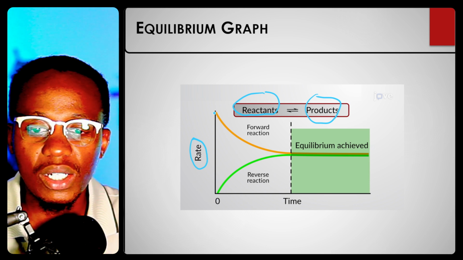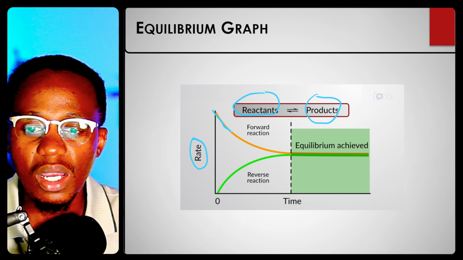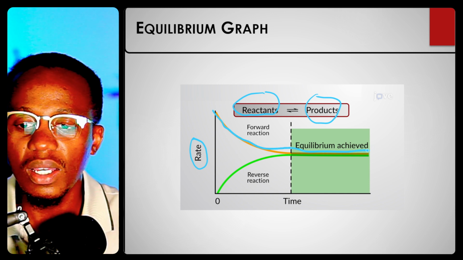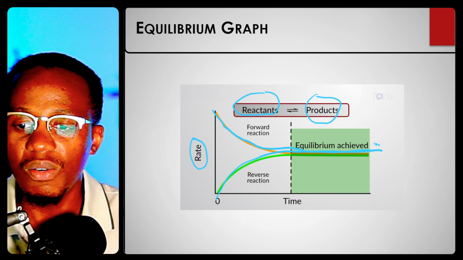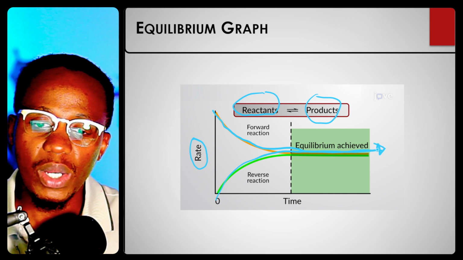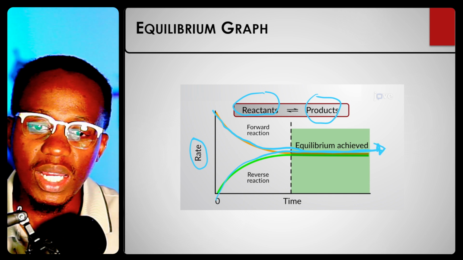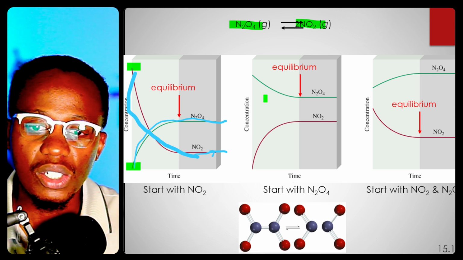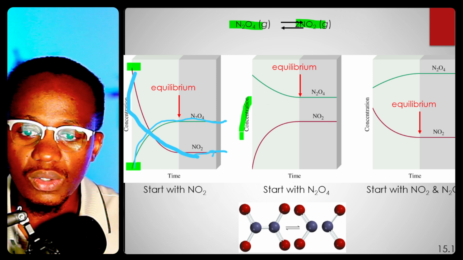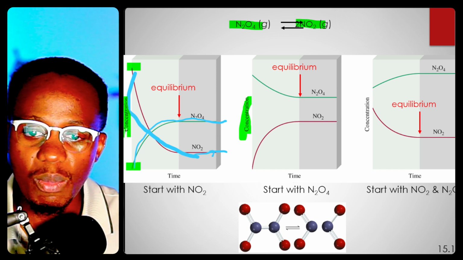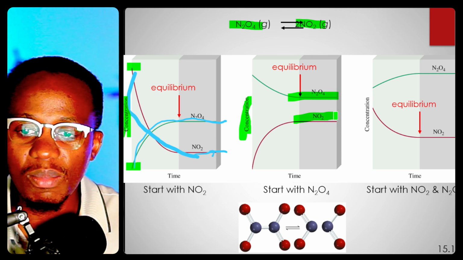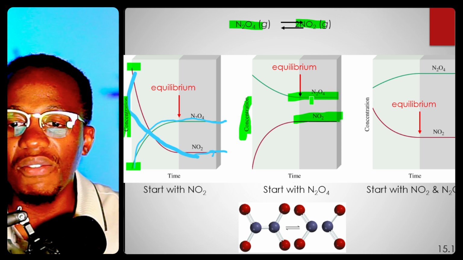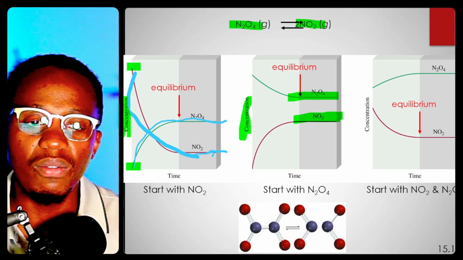The speed of the forward reaction is going to be equal to the speed of the reverse reaction, which is when we have equilibrium. But when it comes to concentration and not speed, they will not be the same. One will go up, one will go down, but they will get to a point where they are at the same level. Not same level, but a level that doesn't change. That's when we have reached equilibrium.